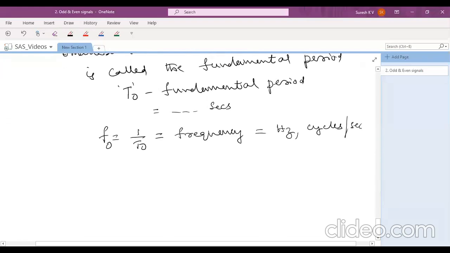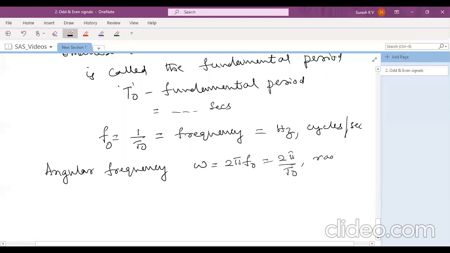And we define one more frequency called angular frequency. Omega, given by 2 pi f naught, which can also be written as 2 pi by T naught, and the units of this will be radians per second.